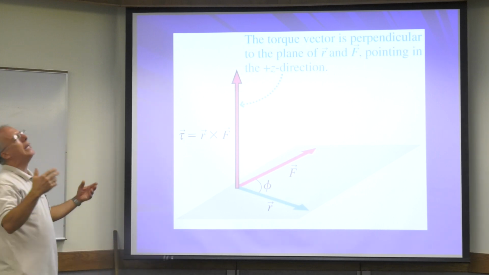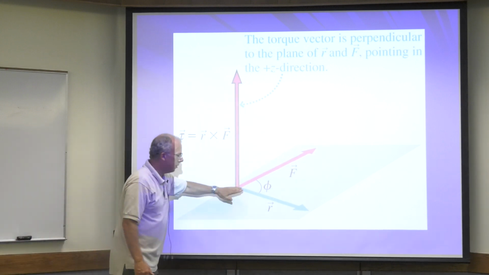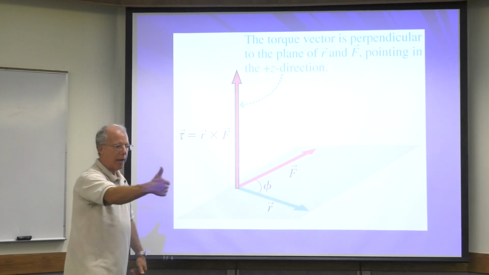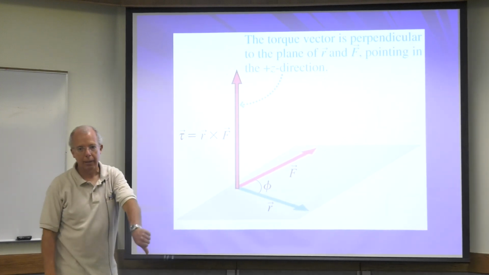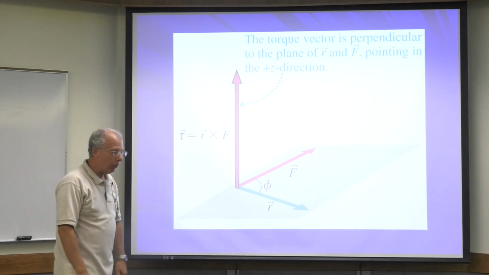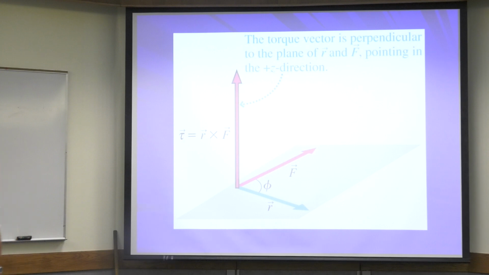Now, why is it the right-hand rule? Because R cross F goes this way, up. If it were the left-hand rule, it'd be down. So it has to be the right-hand rule, so you get the up, not the down.